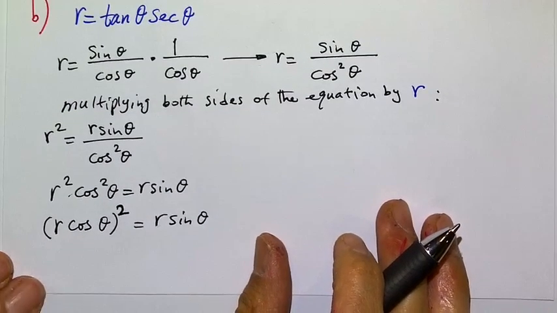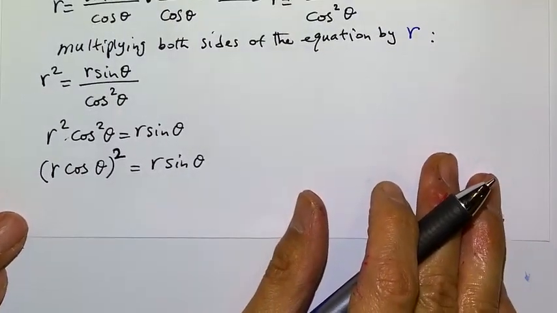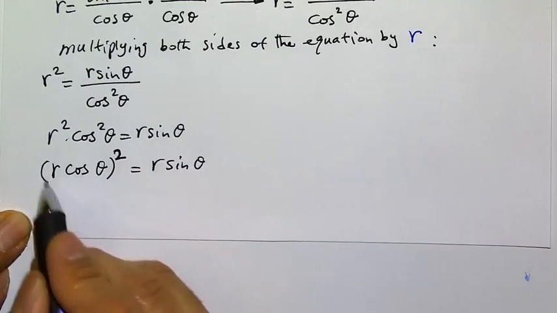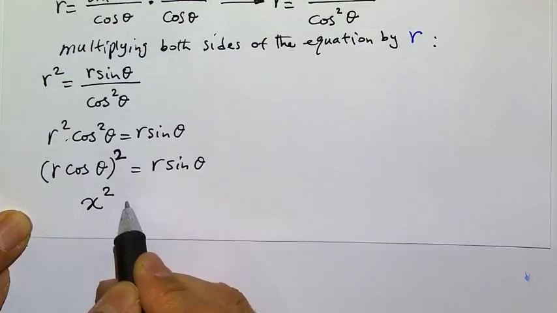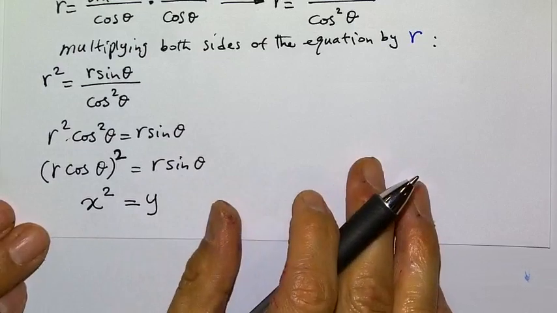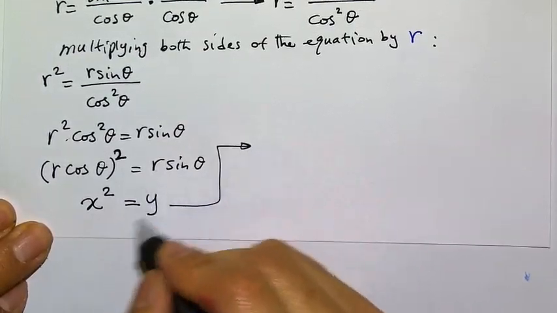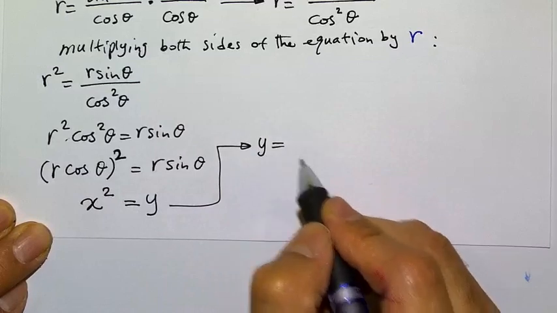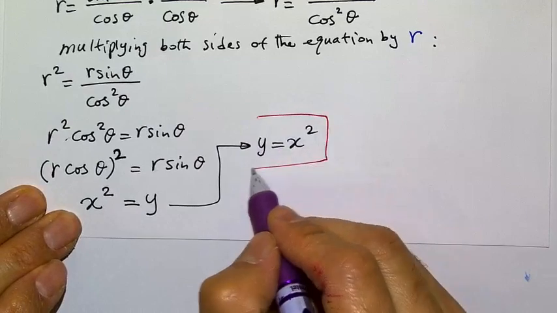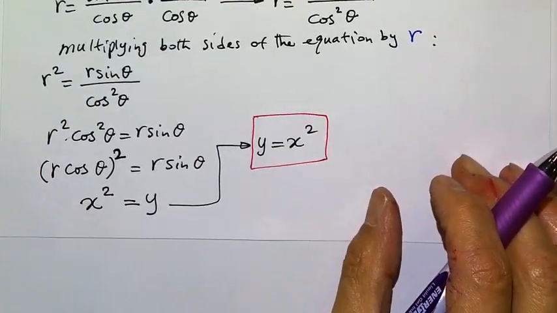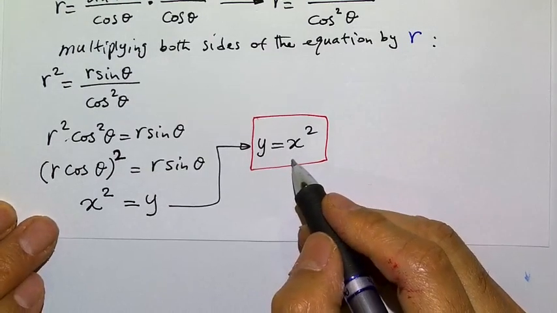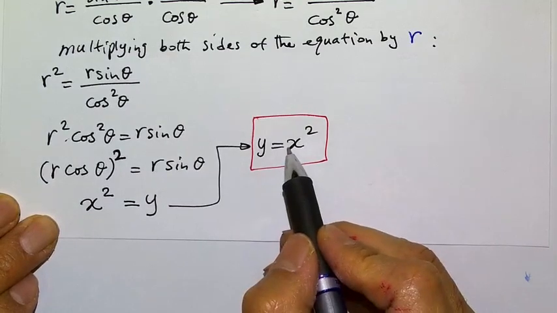Is this helpful? Yes, very much so. Because now what we have on the inside, r cosine theta, is x. So what we have on the left side is x squared, and the right side is just y. Or the other way we naturally write this is y equals x squared, right? And we are very familiar with this quadratic equation that has its vertex at the origin, and it opens upward because it has a positive coefficient on the quadratic term.